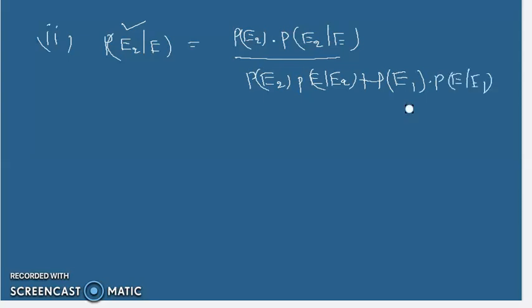This is the value we are going to find in this problem.